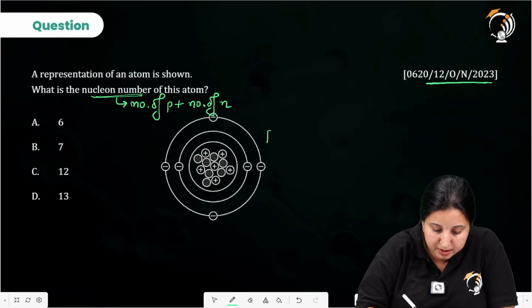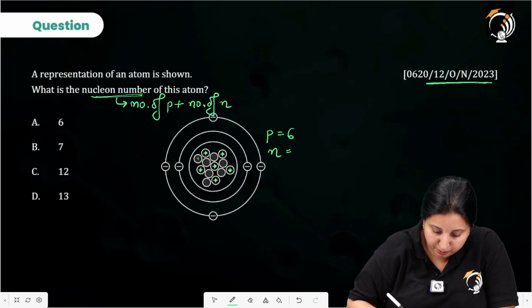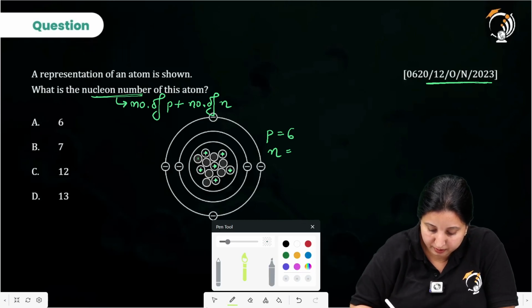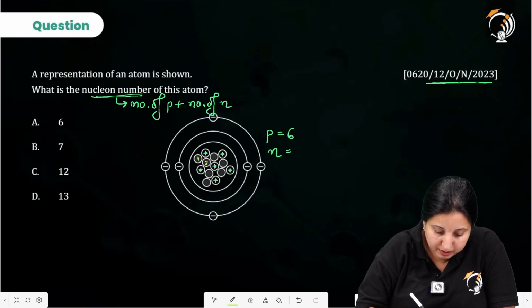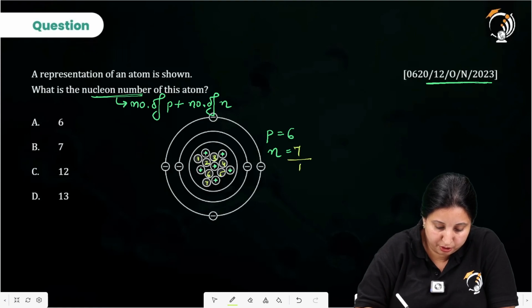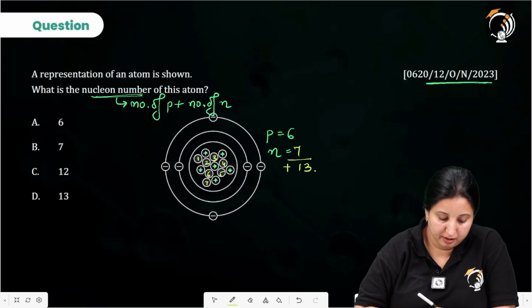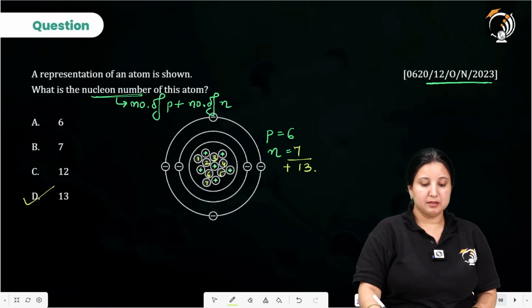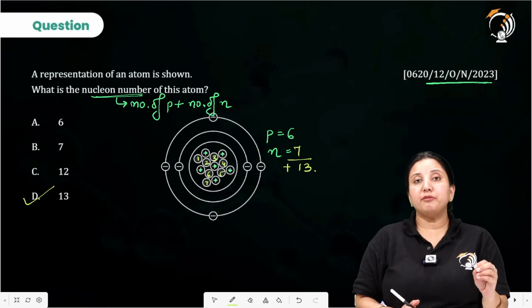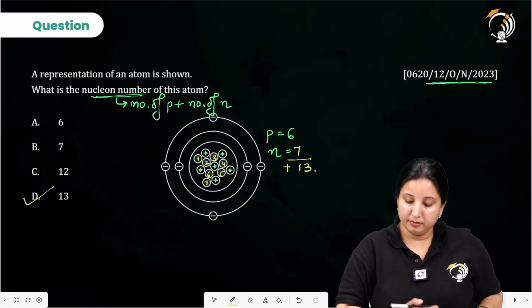So how many protons am I having in this? 1, 2, 3, 4, 5, 6, and neutrons I am having, I just take the other color, 1, 2, 3, 4, 5, 6, 7. So it is going to be 13. So option D is going to be my answer. Such a simple easy paper if we remember the concepts.